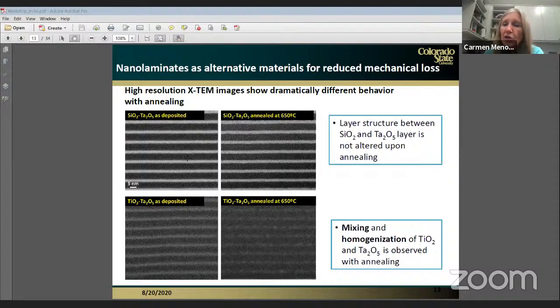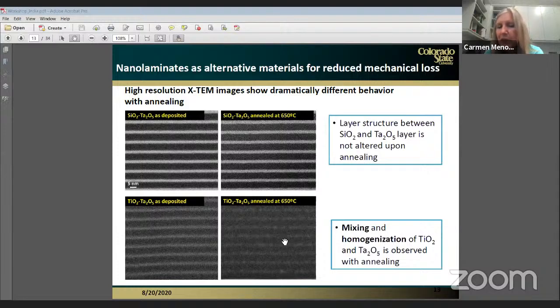And what we have learned, again, is that when we anneal, we observe a very different behavior. When we have silica, notice that annealing doesn't affect the nanolaminates, but when we have titanium, yes, there is a change, because now this structure that originally was designed as a nanolaminate became a structure in which the interfaces are diffused.